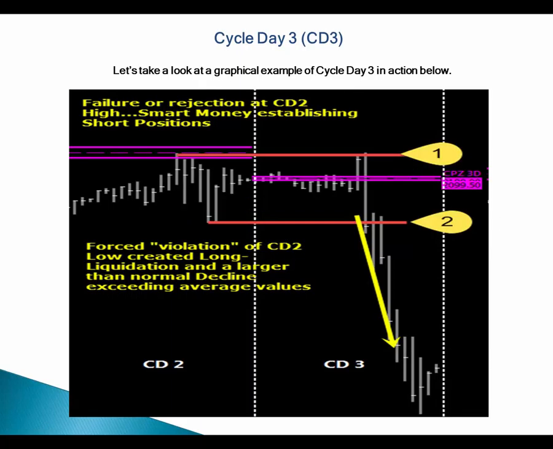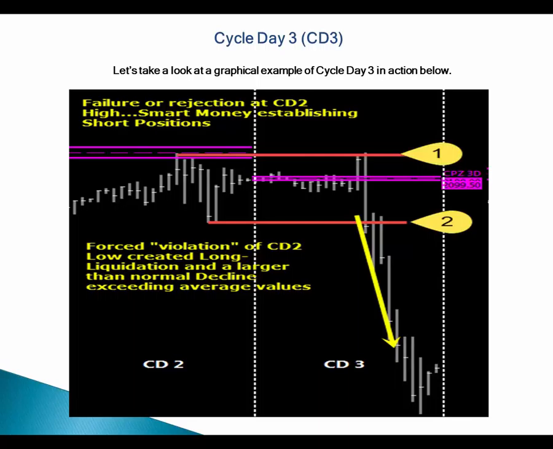So now this leads us into the final part of the cycle, cycle day 3. And there are 2 conditions. If price closes on cycle day 2 in the high part of the range, that high of the day, whatever that may be, becomes the key reference price.